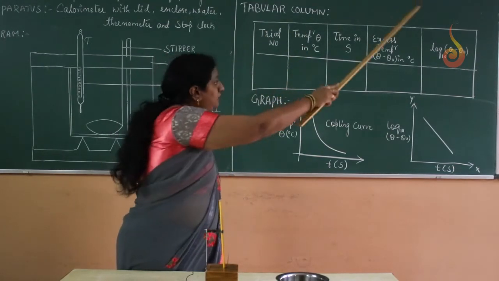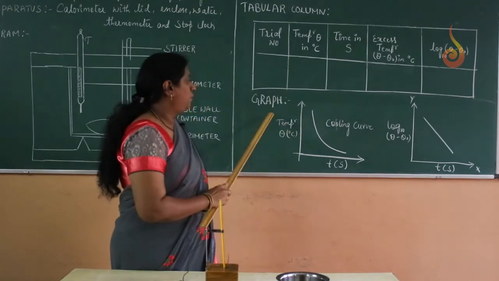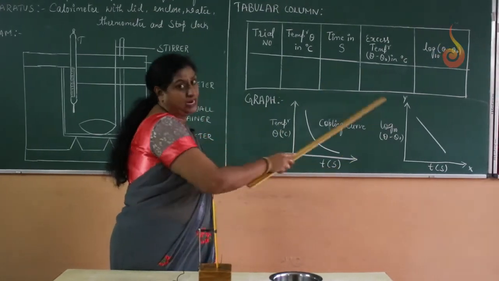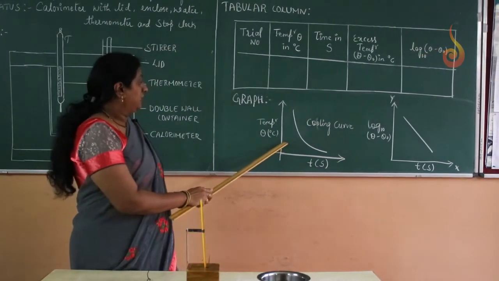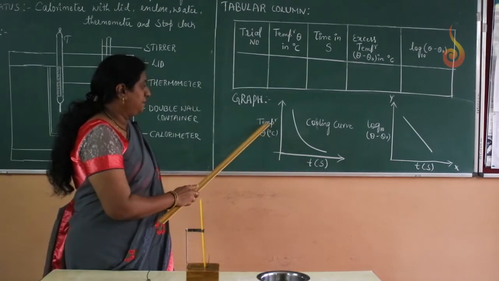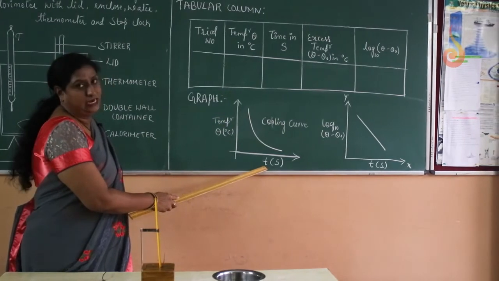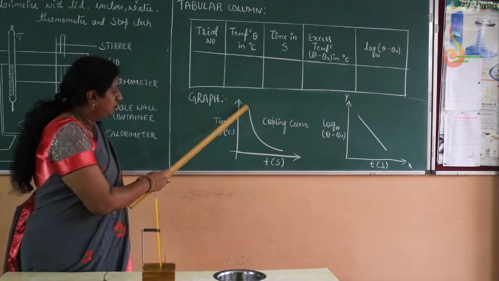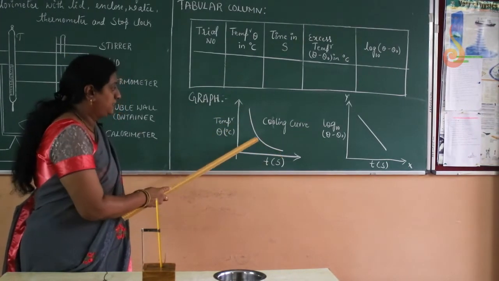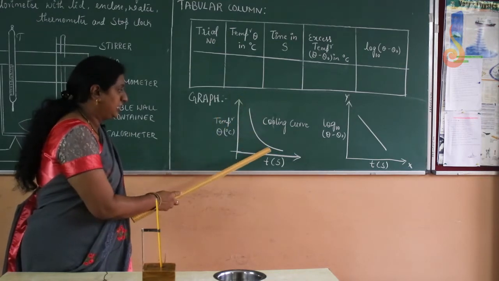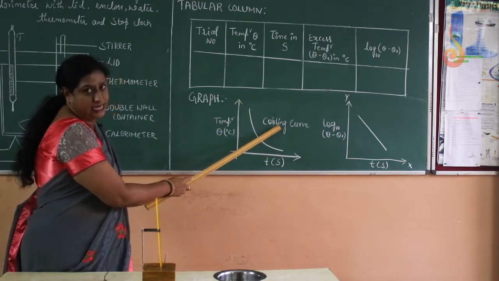Once we are done with the tabular column, next we will have to plot 2 graphs. In one graph, as you can see here, temperature is taken along the y-axis and time is taken along the x-axis, and this is the curve. As you can see, it is an exponential curve which is called the cooling curve.